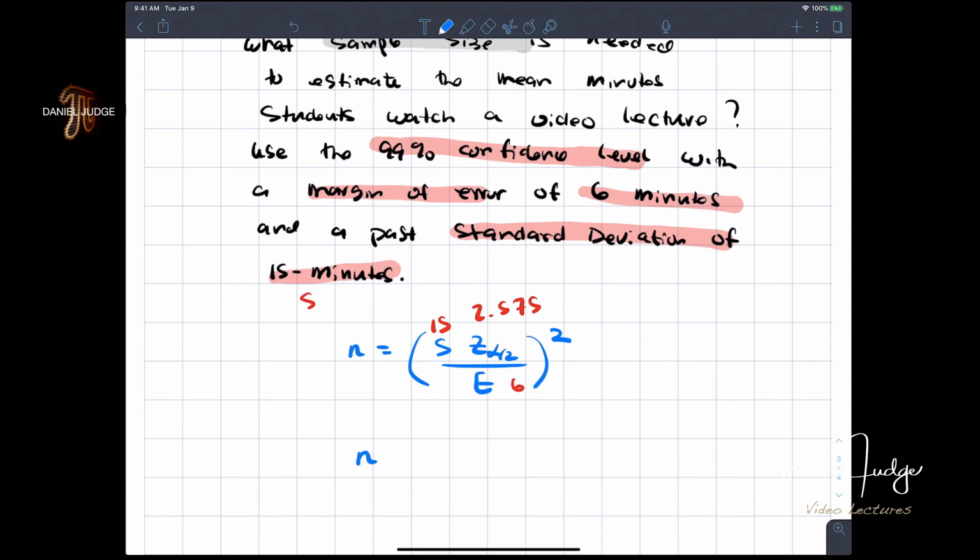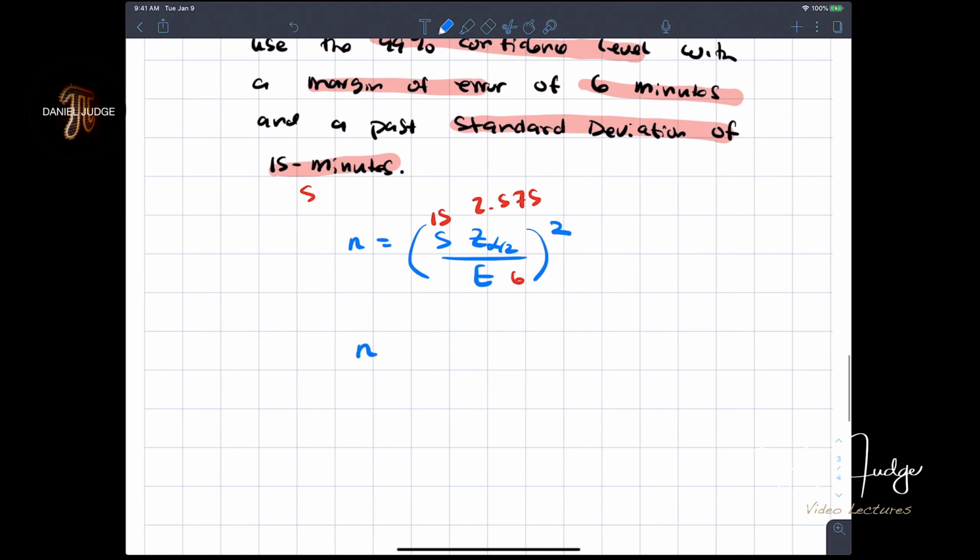If you turn in answers like 41 point something, remember, this is data values. What I'm looking for is the minimum sample size needed. You can't take 41.44 sets of data. You have to round up to the next whole number. So the minimum size is 42.